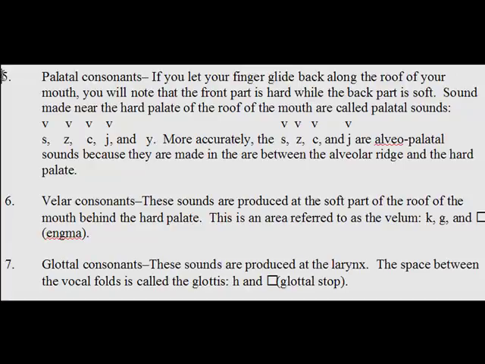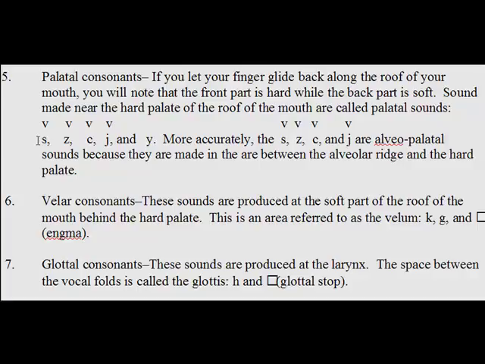Number 5, palatal consonants. If you let your finger glide back along the roof of your mouth, you will note that the front part is hard while the back part is soft. Sounds made near the hard palate of the roof of the mouth are called palatal consonant sounds.